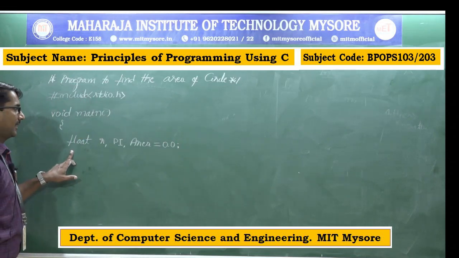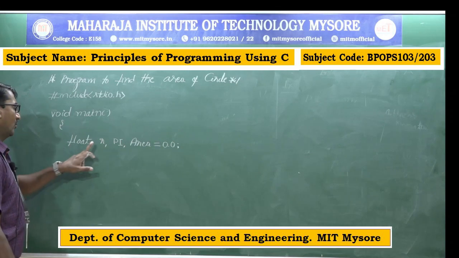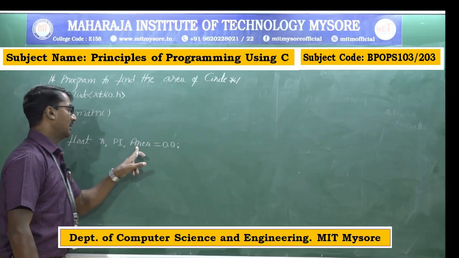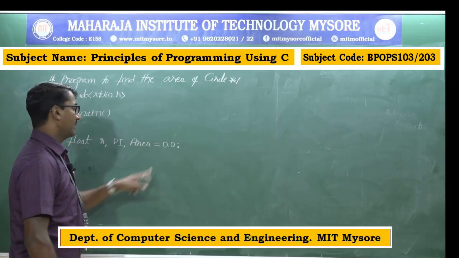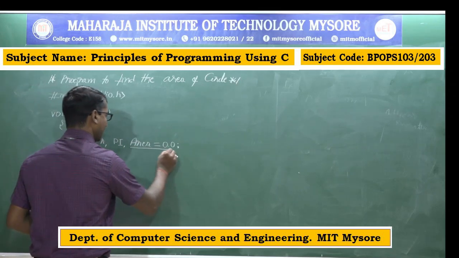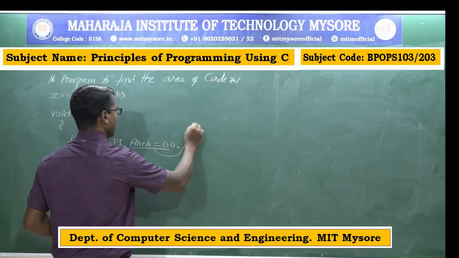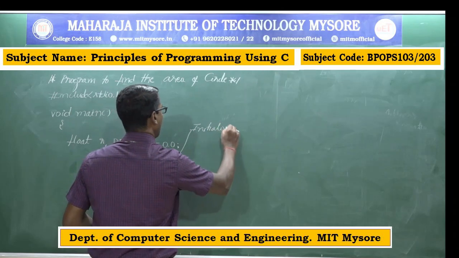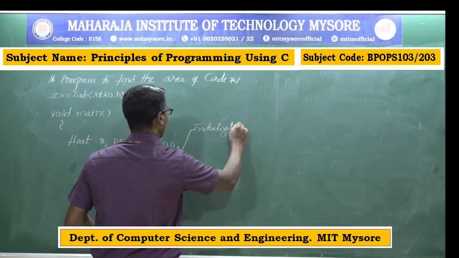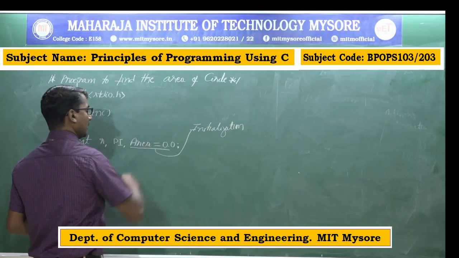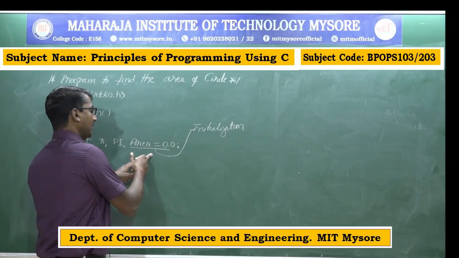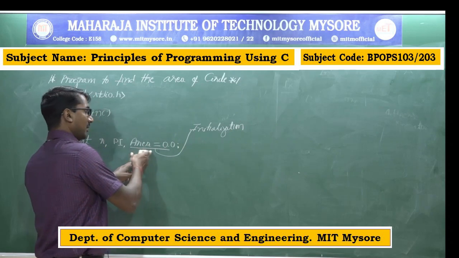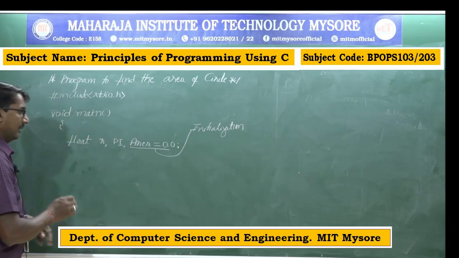This statement is initialization. So here I am assigning the value 0.0 to the area variable during declaration.